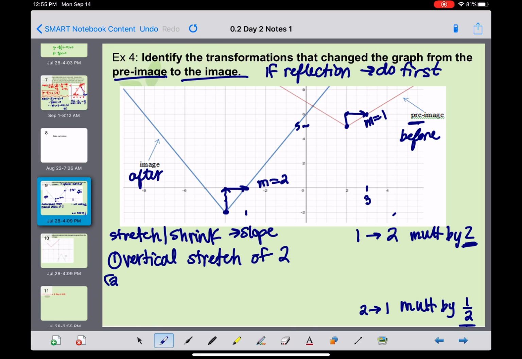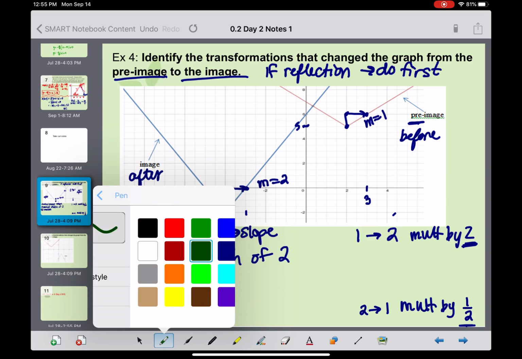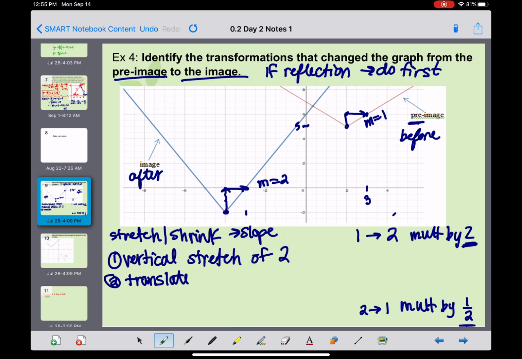Then the second thing we have is a translation. Okay, so I am moving from this vertex over here to this vertex. So all of my points are moving the same amount. It doesn't matter whether you say left or right or up or down first. If I'm starting here, you have to start at the pre-image. I'm going to go down, and then I'm going to go to the left. Now I need to figure out how much it is.